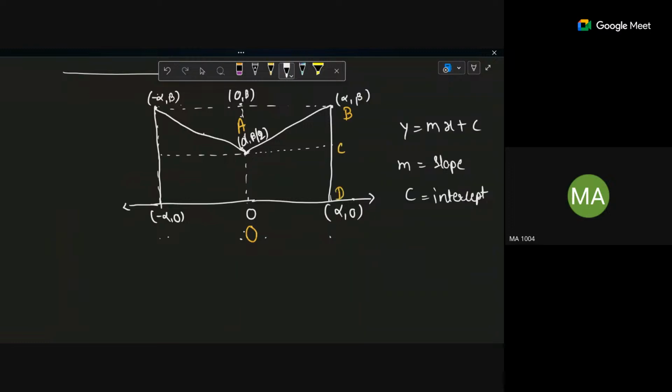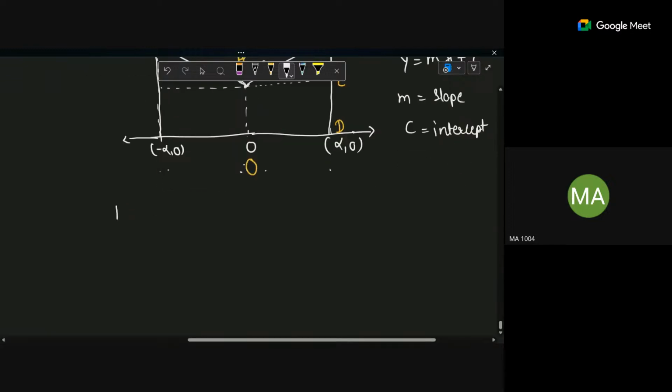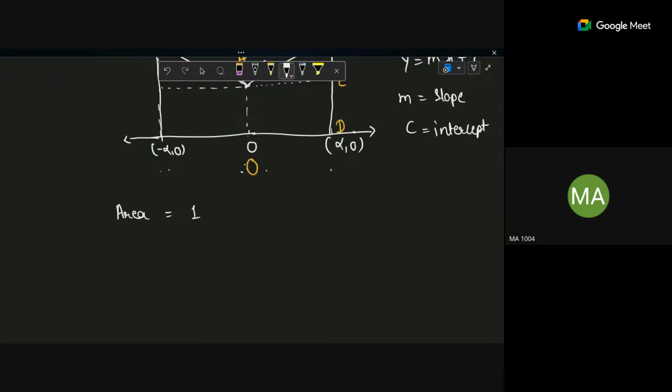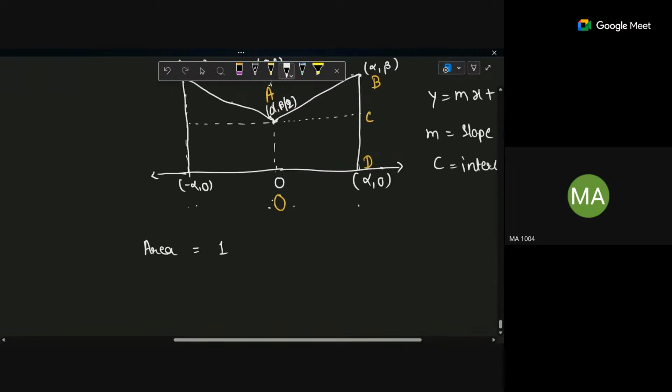Now, if I want to calculate the area of the whole, I can calculate the area of OABD and double it. Can I do that? Yes, ma'am, we can. Actually, rectangle minus a triangle is also okay, no? Yeah, but we are just going step by step. So your total area should be equal to 1. Why?